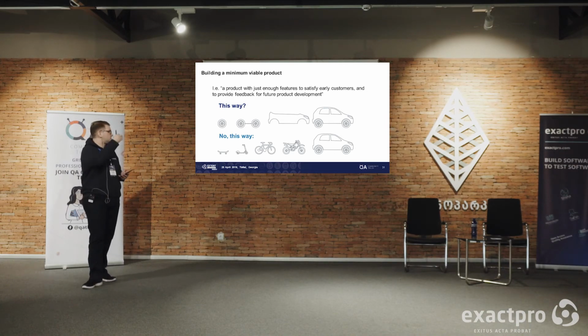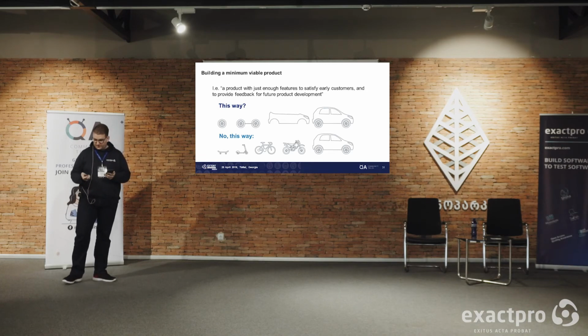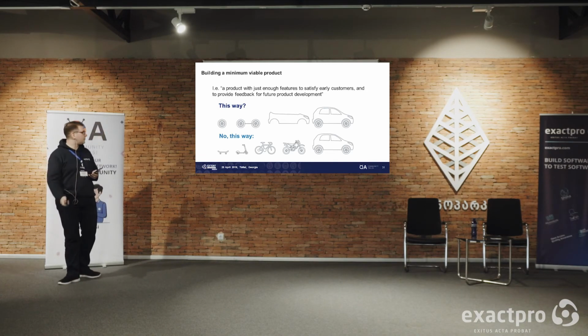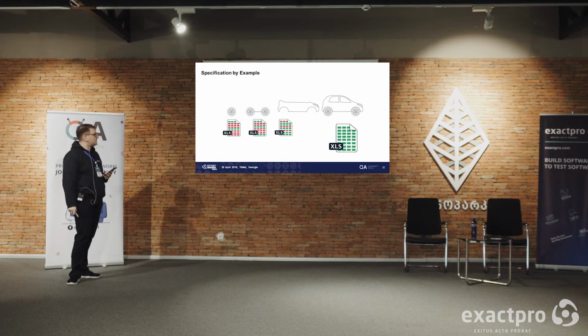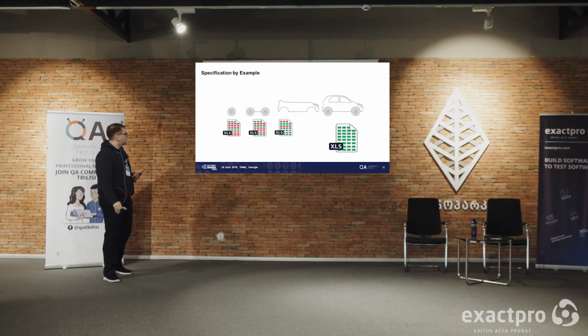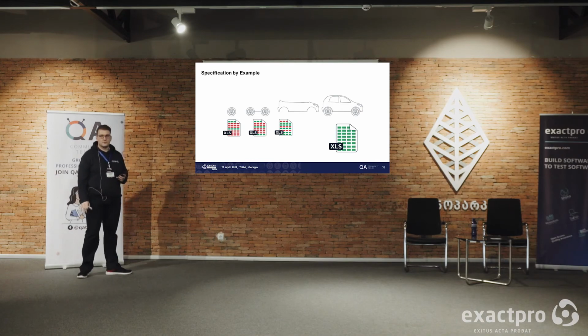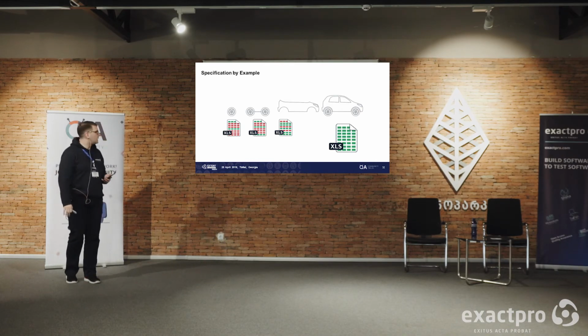But what about testing of these products? In the first way, in both cases, we can use the final specification to test the product. So when we have only one wheel, we have a couple of green strings in our test that passed.